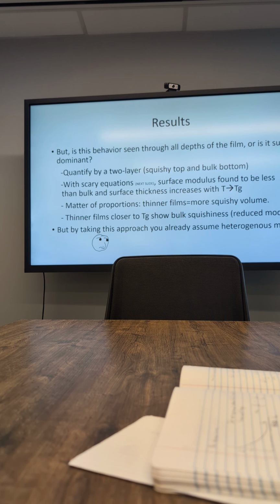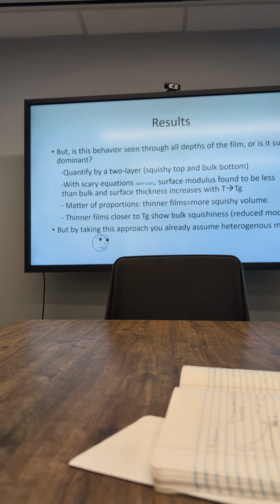So one question that they asked in the paper is, are these effects starting from the surface, and do we have a heterogeneous transition between super squishy and super bulk and super hard, or does the material as a whole behave a certain way?